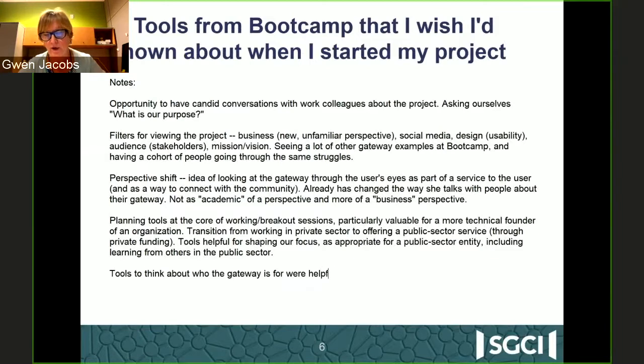But the other part that was really useful for us as a group was that we were challenged to do activities that we normally don't do, like having to draw on the flip charts and present our stuff. All that was really good in terms of helping us get our heads around what it is that we're actually building and who it's for. So it was a great opportunity for us.